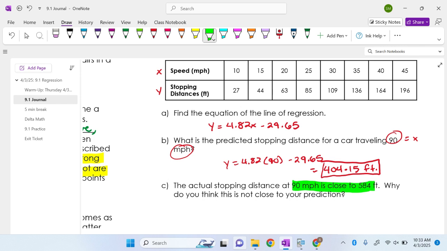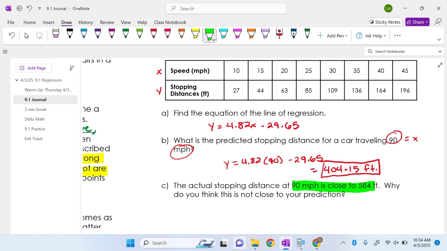It could be that, or look at how high the table goes in terms of speed. What's the highest speed listed on that table? 45. Isn't 90 pretty far away from 45? Yeah, 45 is about half of 90, so we're a good distance away, whereas all the other points are within 5 miles per hour of each other.